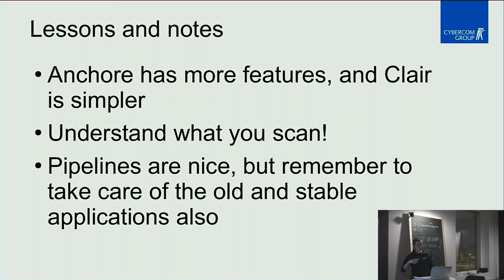The pipeline is not run daily or weekly, so you need something to scan the registry and to inform that, okay, now I have something in production that has vulnerabilities in the packages. That's something that needs to be added into the mix to get better coverage.